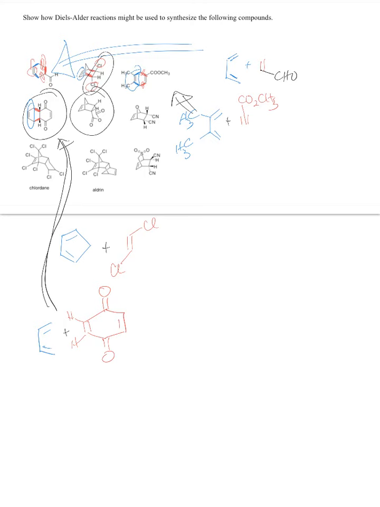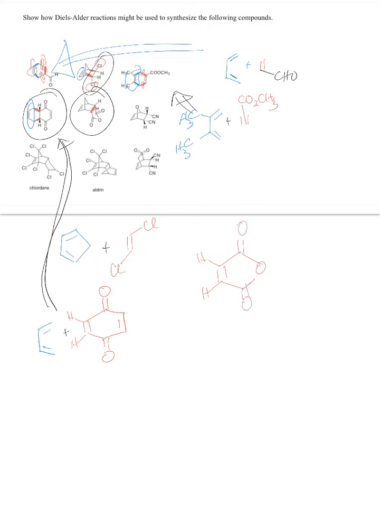Okay, this right here is your double bond, your dienophile, and the hydrogens are on the same side. So that's cis, and this is a what member? 1, 2, 3, 4, 5. There's your oxygen. These are your carbonyls.